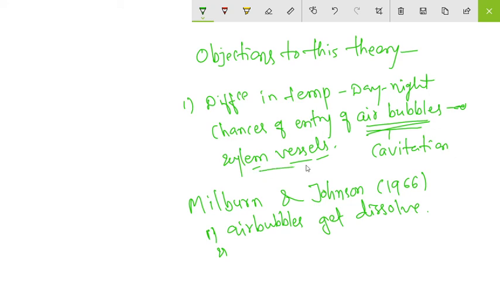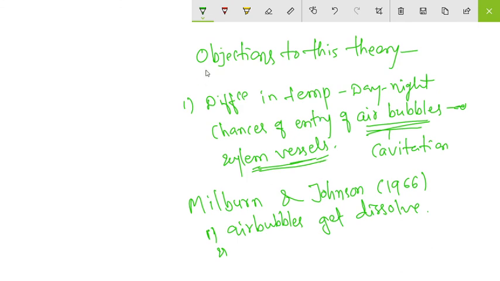Even if some vessels show the formation of air bubbles, the surrounding vessels show continuous movement of water, so it makes no difference. During the night time, the bubbles created in the large vessels automatically get dissolved. So the problem automatically gets solved.